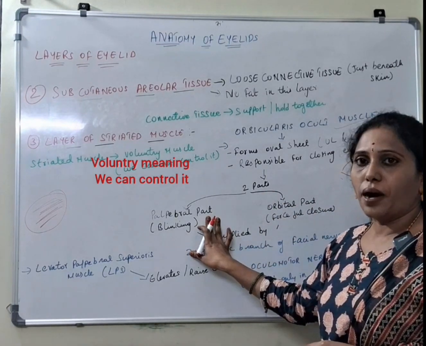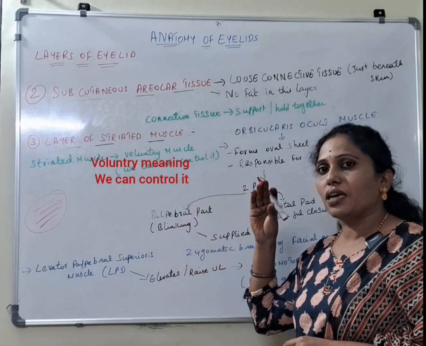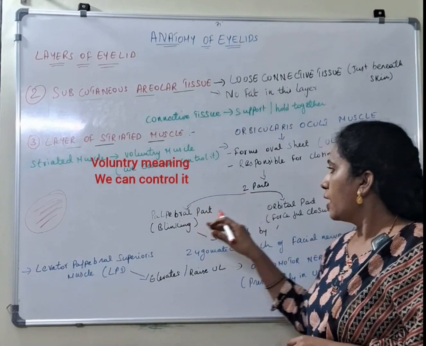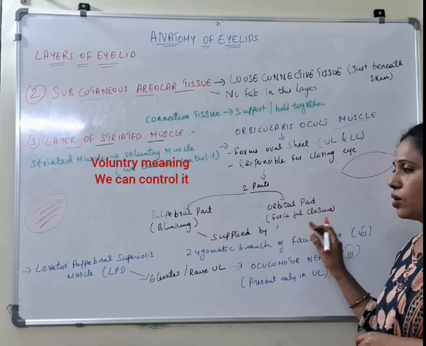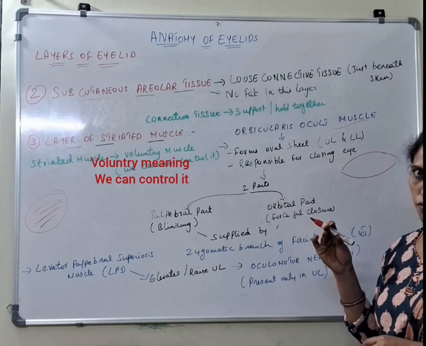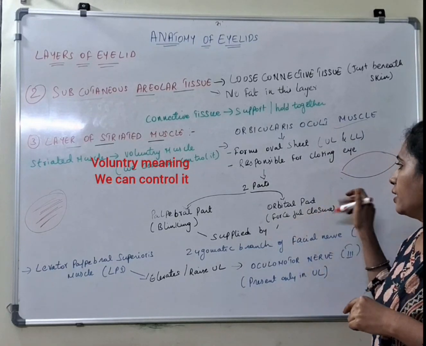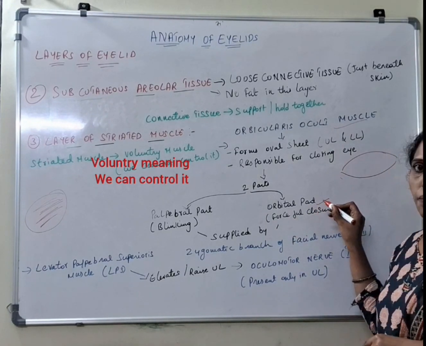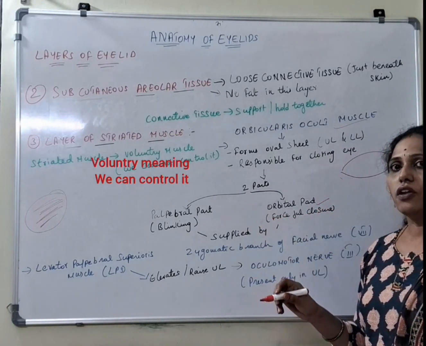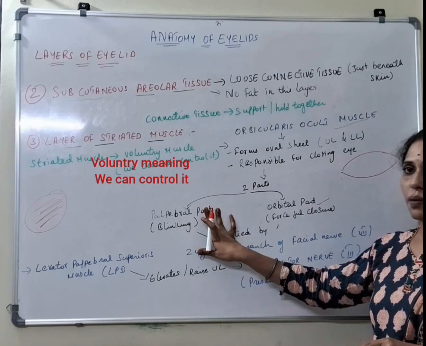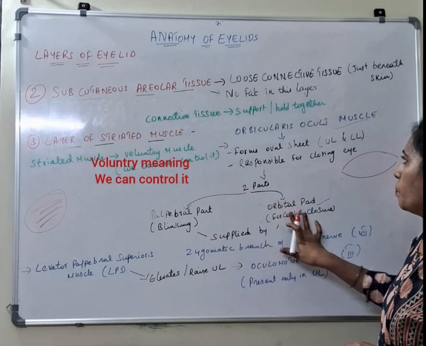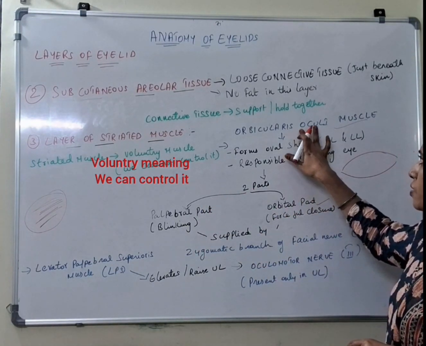The palpebral part is helpful for the blinking of the eyes. The orbital part is helpful for the forceful closure of the eyes. If you want to close your eyes tightly, then the orbital part of the muscle will act. If you blink, then the palpebral part will act. These two parts come under the orbicularis oculi muscle.